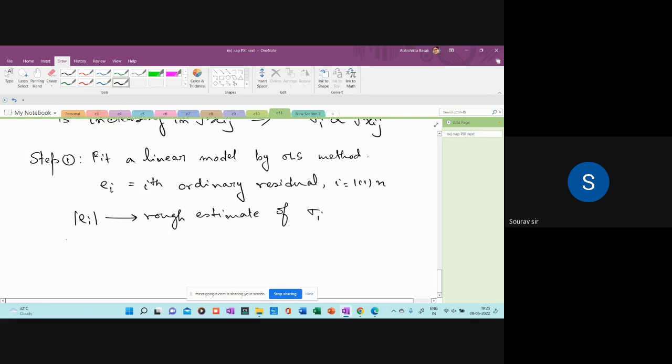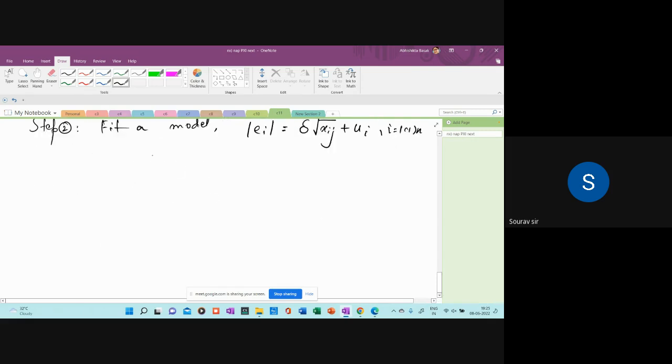Then based on that we fit a model. Step 2: we fit the model mod of ei equals delta, which is the coefficient, times the square root of xij, plus ui, for all i running from 1 to n, where delta hat is the ordinary least squares estimate of delta.